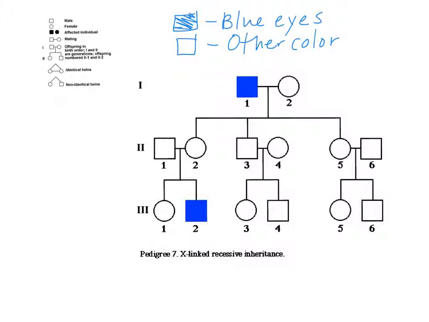Now you can use a pedigree to figure out, is that blue-eyed trait dominant or recessive? And here's the key to figuring that out. You need to look for a set of parents that has a child different than themselves. So right here, these parents have a child that's different from them. They do not have the trait, their son does. That tells us right away that the parents have to be heterozygous.